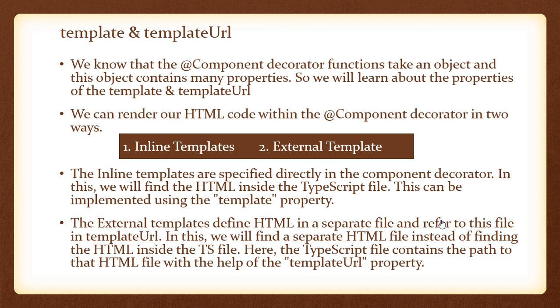In an inline template, we provide the HTML content inside the TypeScript file, whereas in an external template we refer to an HTML page. For example, when we create a user component, it generates user.component.html, and in template URL we just refer to that user.component.html directly, the link of that particular HTML page. For an inline template we use the property template, and for an external template we use the property template URL.